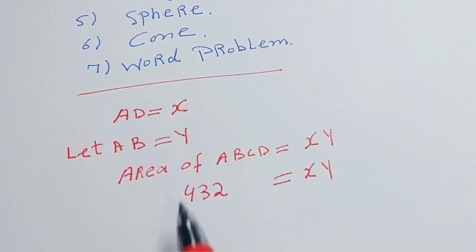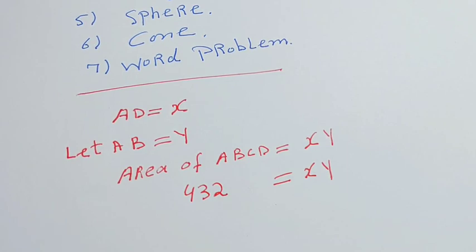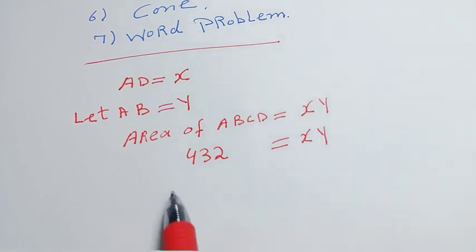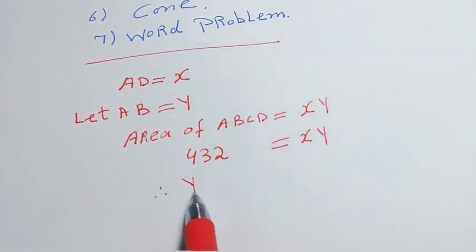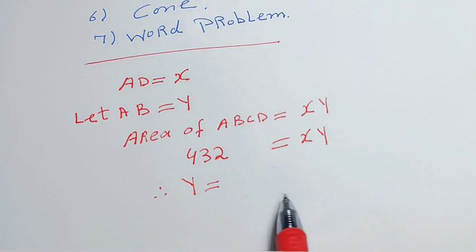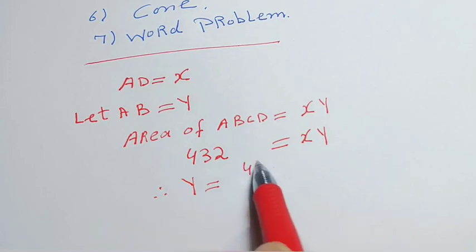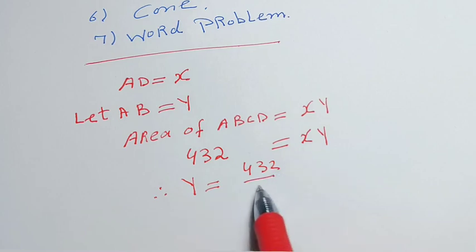Always when we do this, we have to create the equation. First we write what we have, and now we need to give the answer in terms of x, so we need to isolate y here. Therefore y is equal to 432 divided by x. So I isolated the y.